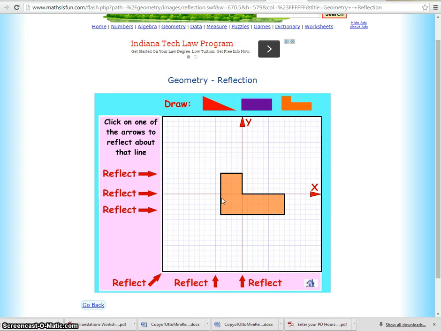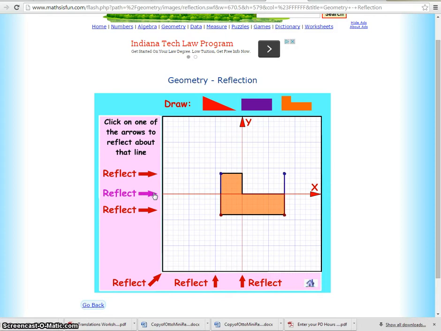When you reflect a figure, it could be flipped or reflected over the y-axis, or it could be flipped over the x-axis. It could actually be flipped or reflected over any line on the coordinate or quadrant grid. So watch this. I'll reflect this six-sided figure right over this x-axis right here.